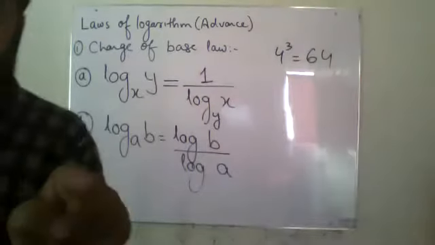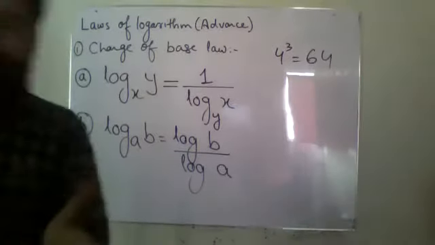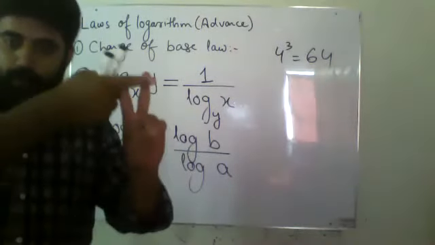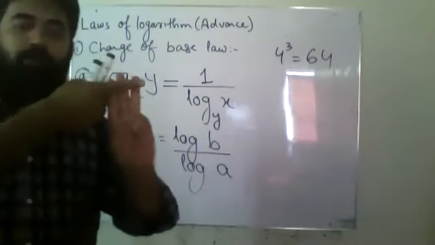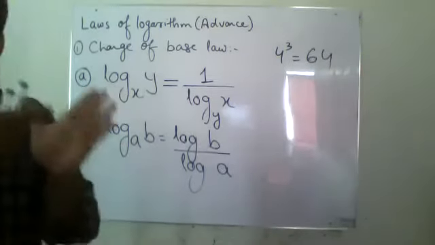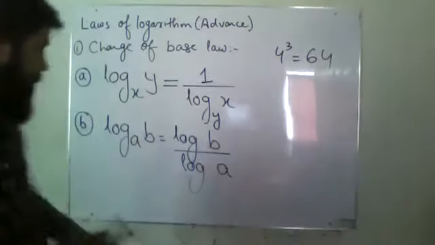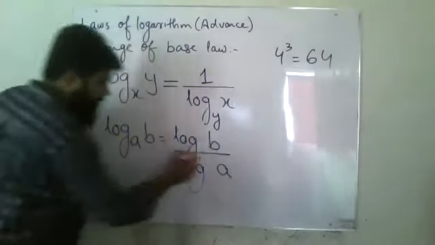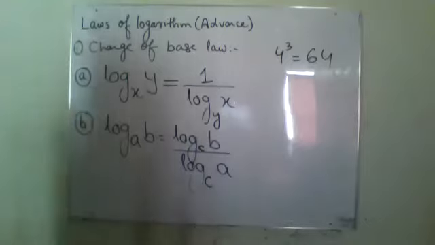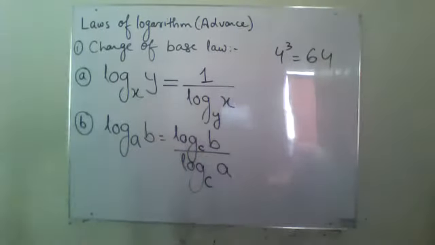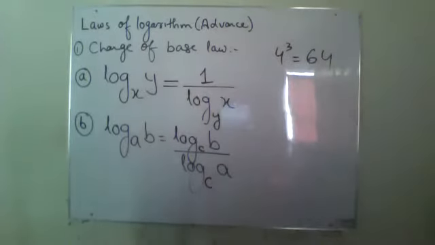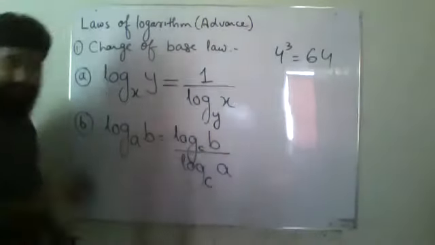Now it's your choice which base you want to have. You want to have 10? You want to have exponential? You want to have any other number, any other variable, any other value? I want to have C as the base. Okay, I have got C as the base. So that's my second rule.